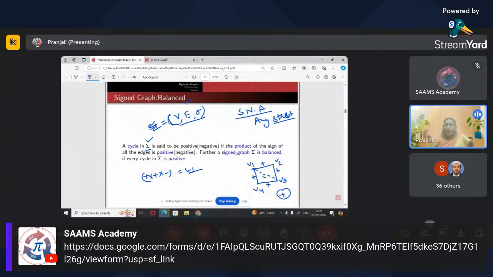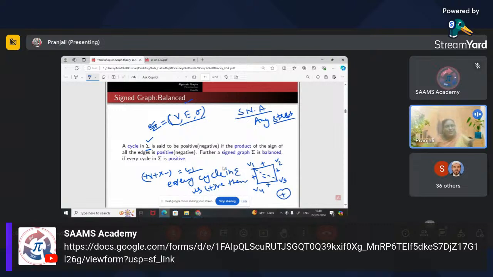So a signed graph is said to be balanced if every cycle in sigma is positive. It means we have to look at each and every cycle. If every cycle in sigma is positive, then only the signed graph is balanced, otherwise not.